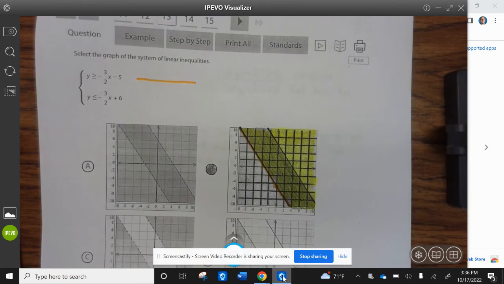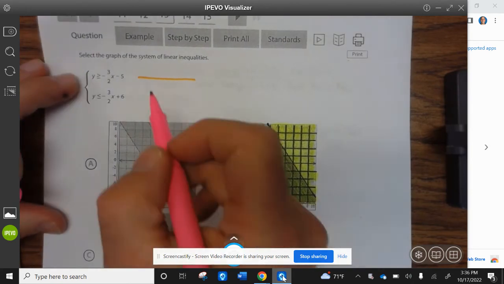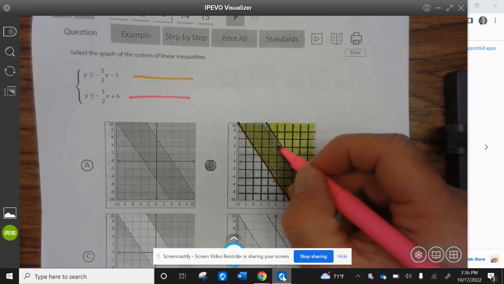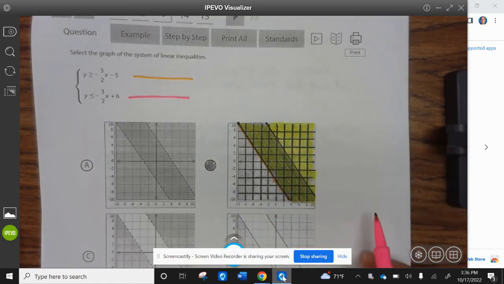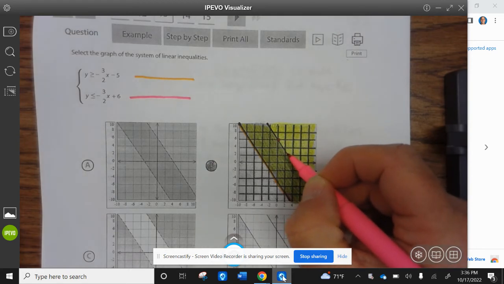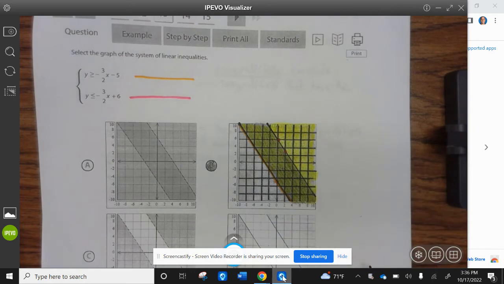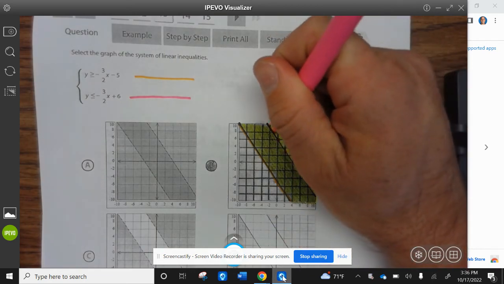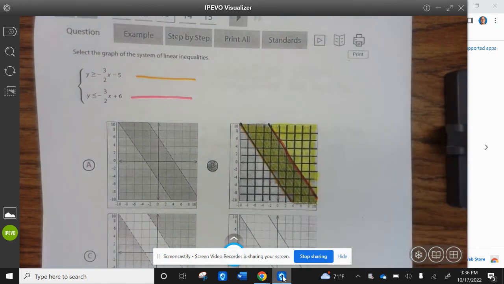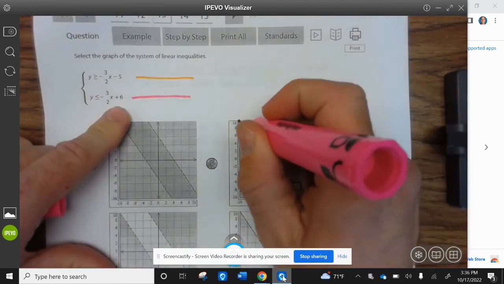Okay, now the second line, solid line as well. Now we start at (0, 6), and then we go down 3, to the right 2. Okay, so there's our line here. All right, now we shade below because it's less than.